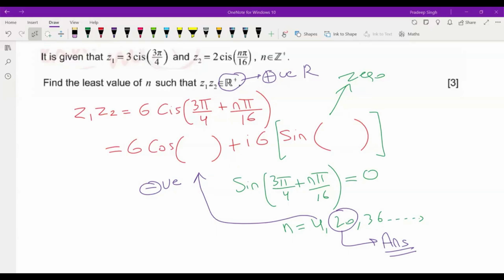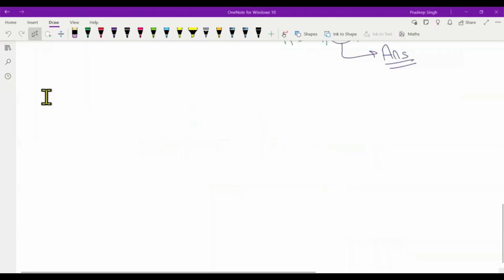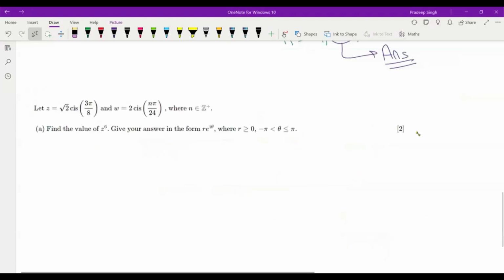So one sec. Okay, so use the exact same logic. Another question, 3 parts. Solve this one.